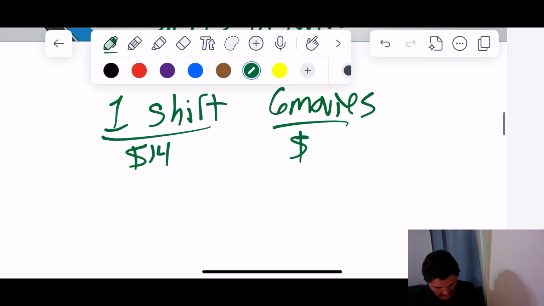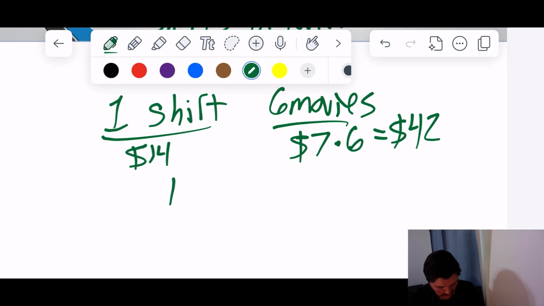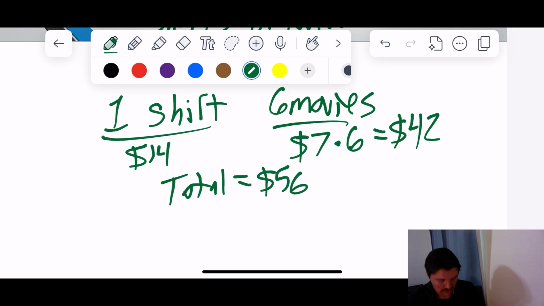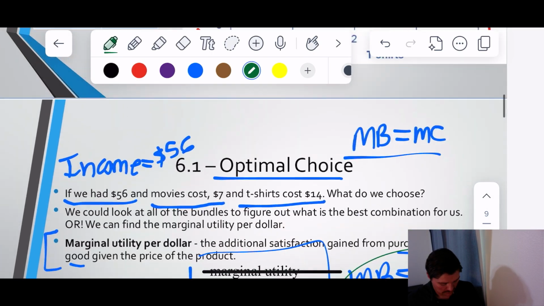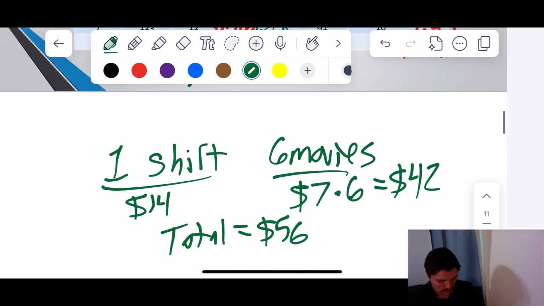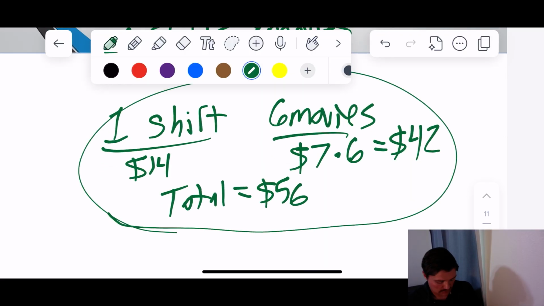This is $7 for 6 movies, so that's $42. So we're going to end up with a total amount of 56. And remember, given our budget of 56 bucks, we can only buy one shirt and 6 movies. This gives us the most amount of happiness for our budget.